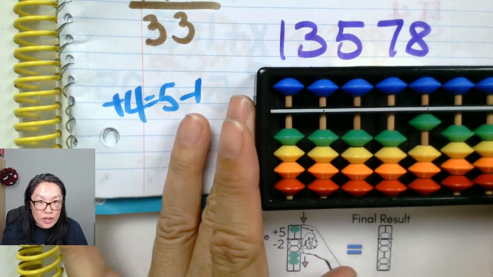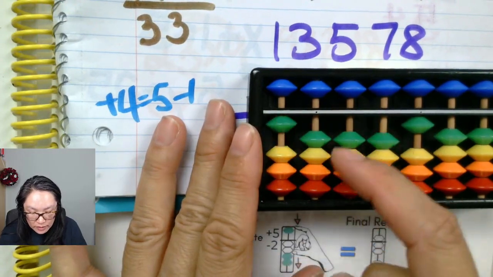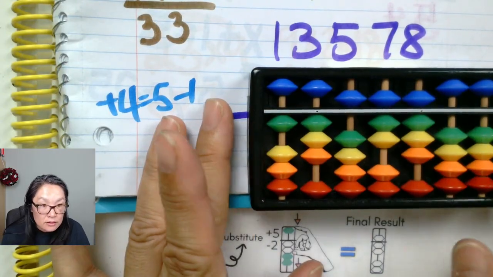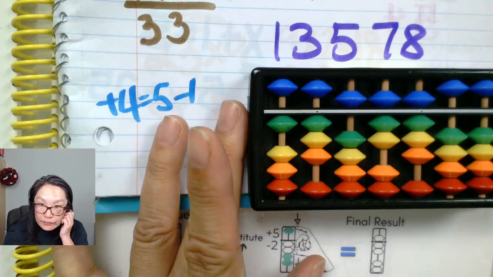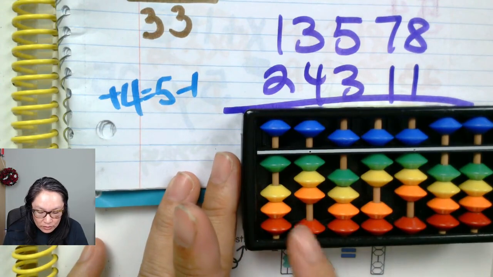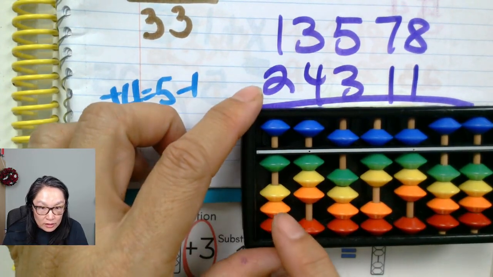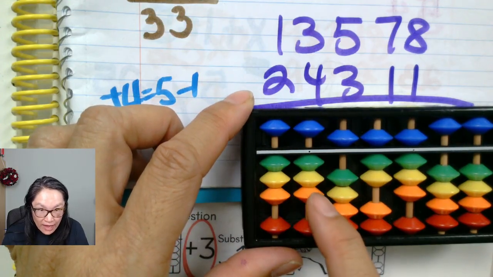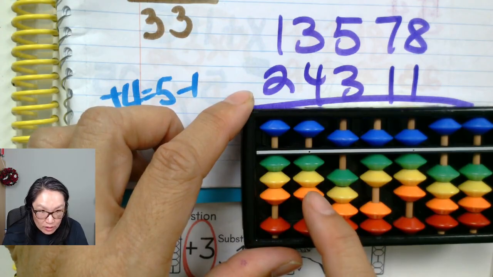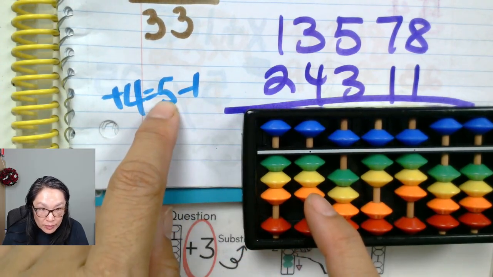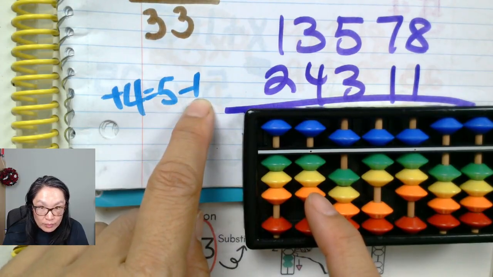So here's another question. We have 1, 3, 5, 7, 8. Can we add 2 here? Yes, we can. We're going to add the 2. Add the 4. Can we add the 4? No. How do we add the 4? Add the 4 is plus the 5, minus the 1.